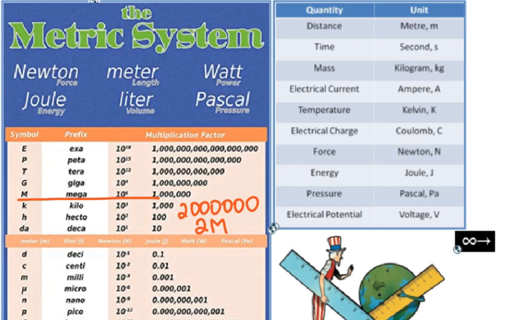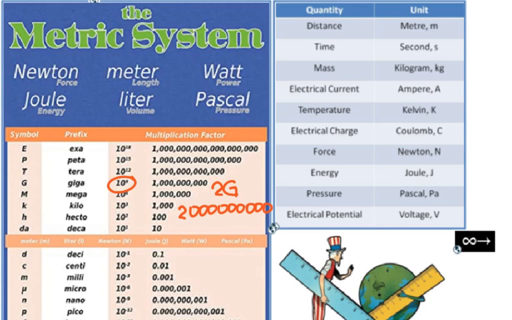If I have 2 billion, which is 9 zeros, instead of writing such a big number, I can write 2 giga, and that stands for 10 to the 9th.